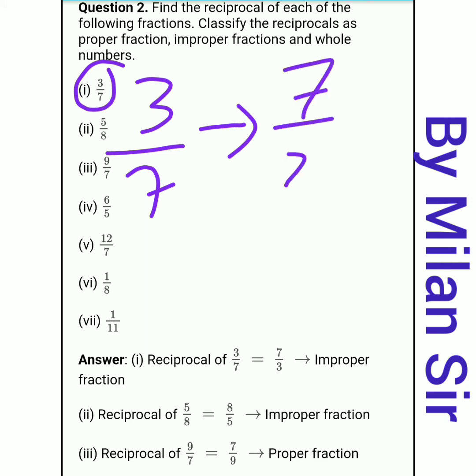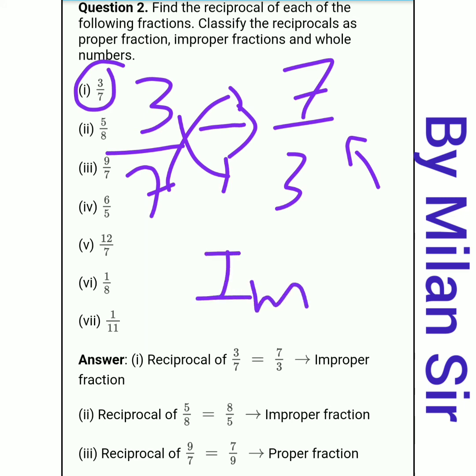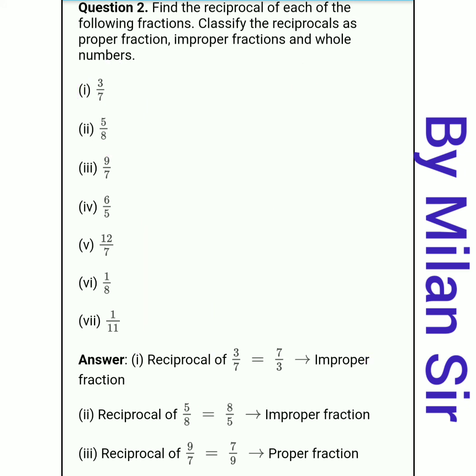So 7 by 3, right? 7 goes in the numerator and 3 goes to the denominator. Now in 7 by 3, the numerator is greater than the denominator, so it is an improper fraction. Reciprocal of 3 by 7 is 7 by 3, and it is an improper fraction.